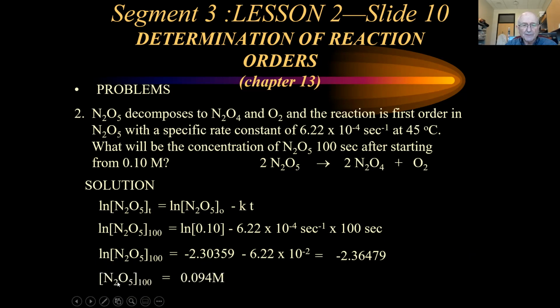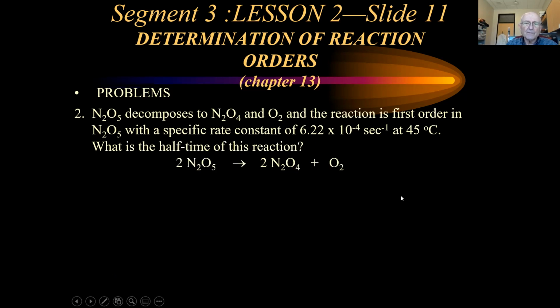And so the N2O5 concentration at 100 seconds is e to the minus 2.3647, which is 0.094 concentration. So we started out at 0.1 and it took 100 seconds, we only got down to 0.094. So it takes a long time for this reaction to go.